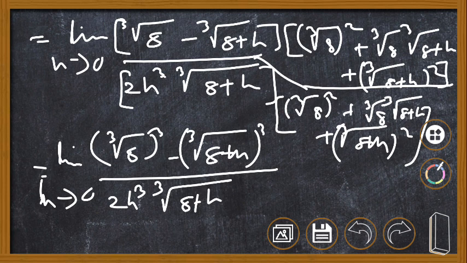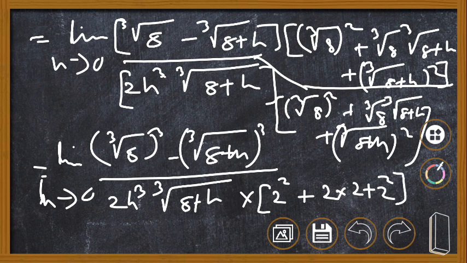Now, let me put the value in the denominator of h equals to 0. If I put h equals to 0, your first term is cube root of 8, that is 2, and its square is taken. Then again cube root of 8, 2, multiplied by cube root of 8, which is also 2, plus again cube root of 8 plus h. If I put h 0, this will be cube root of 8, which is 2, and its square will be taken, right.